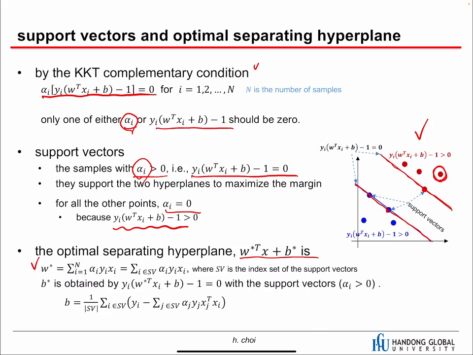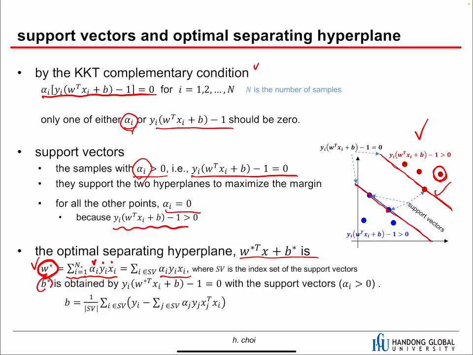So if we solve this Lagrangian dual problem, then we have alpha, and the y and x are the data samples we already have. So now W star is given by this one. And i goes from 1 to n, but actually we can consider just the support vectors. Okay, so in this example we have only 3 support vectors, so it's simple.